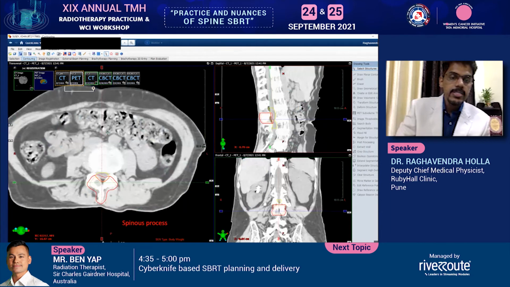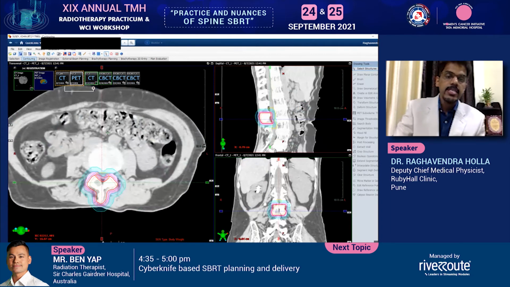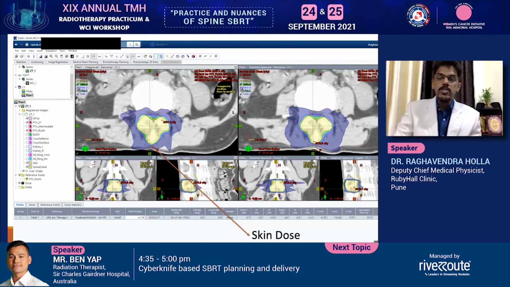And this is how the trimmed PTV is, and we optimized for that. To be on the safer side, I created 2 rings around the target by giving 3 mm and 5 mm margins around the target, so that I can give a special constraint to that to reduce the dose spillage all around the vertebra. So this is how it is.